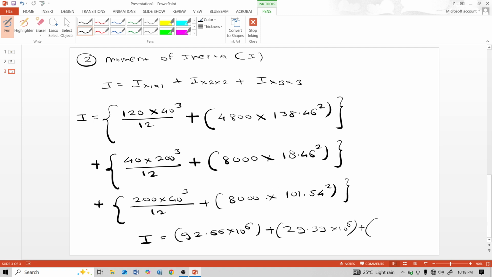Plus the third curly bracket, 8000 multiplied by 101.54 square plus 200 multiplied by 40 cube divided by 12, is 83.55 into 10 raised to 6.